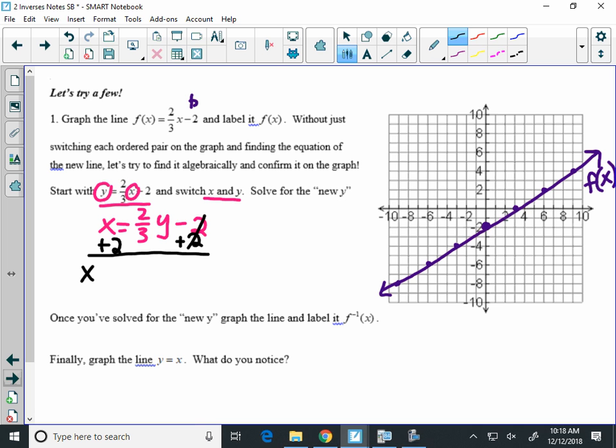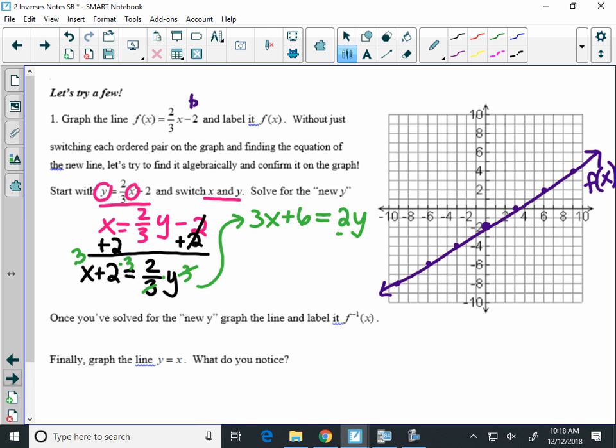We'll get x plus 2 equals 2/3 y. The next thing I would do is get rid of this fraction. I'm going to start by multiplying both sides by 3, so that the denominator goes away. 3 times x is 3x, 2 times 3 is 6, and that equals 2y.